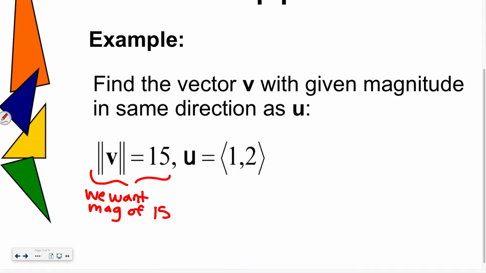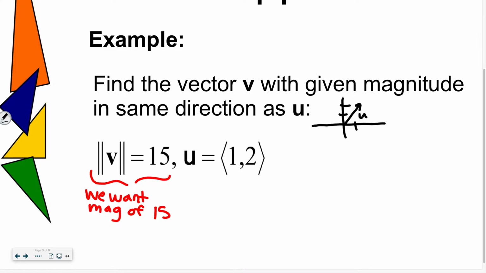We want it to go in the same direction as u. You don't always have to draw this out, but I'm going to draw a quick picture of what u looks like, right? 1, 2. That vector there. So we want a vector of magnitude 15 that goes that same path.